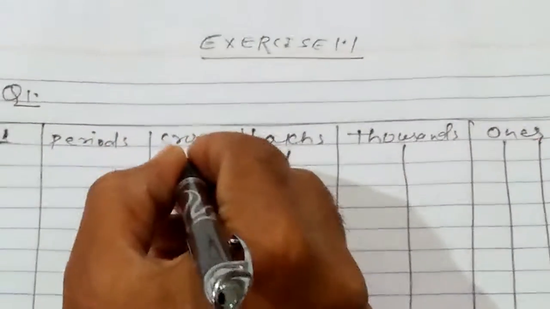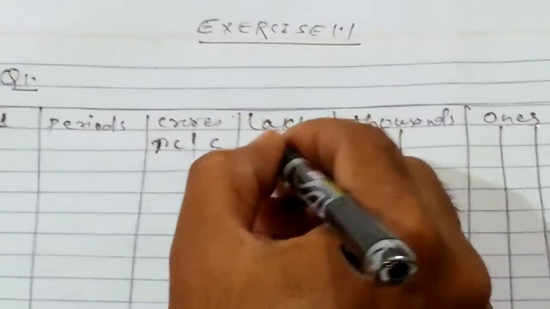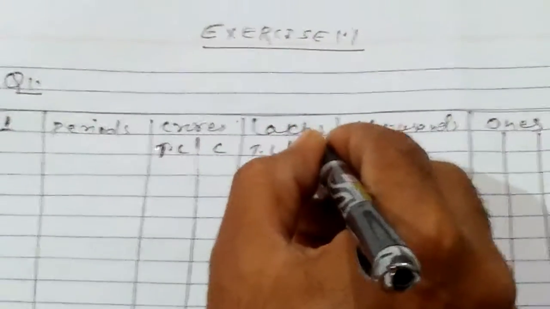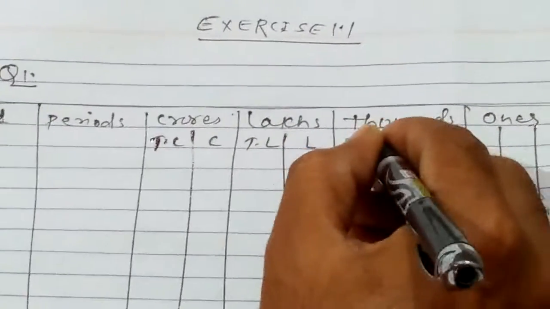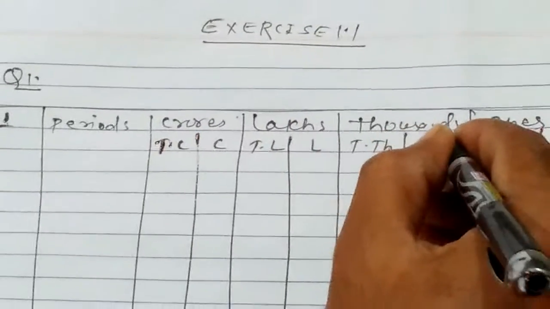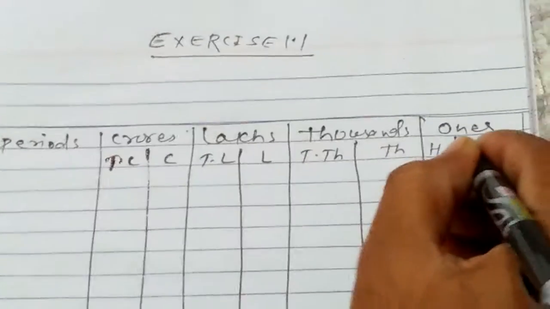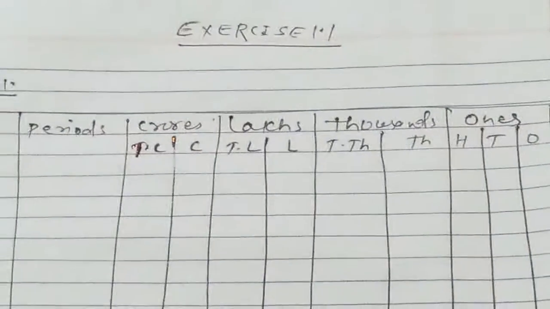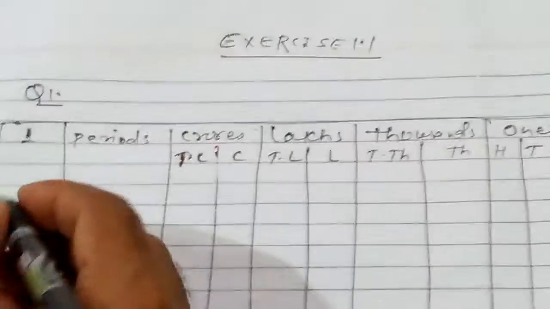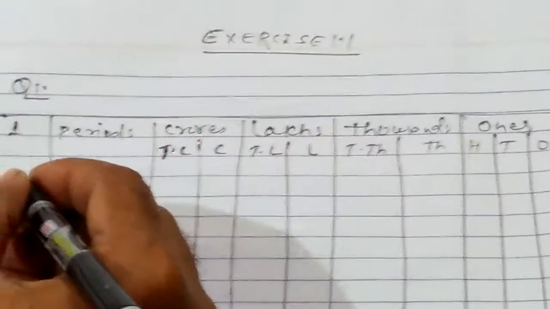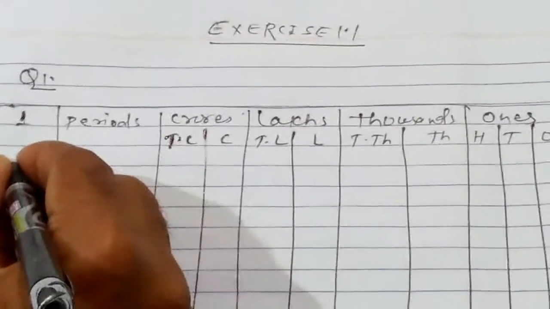Here 10 crores, here crores, here 10 lakh, here lakhs, 10,000, thousand, hundred, tens and ones. And one by one, at first we have to write the number.